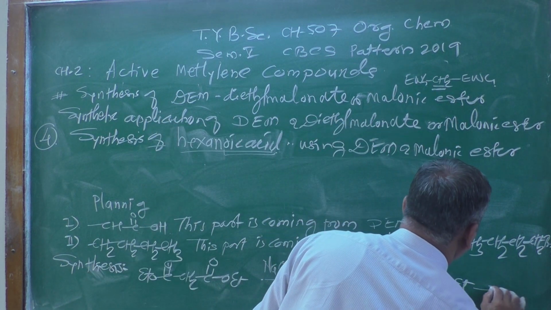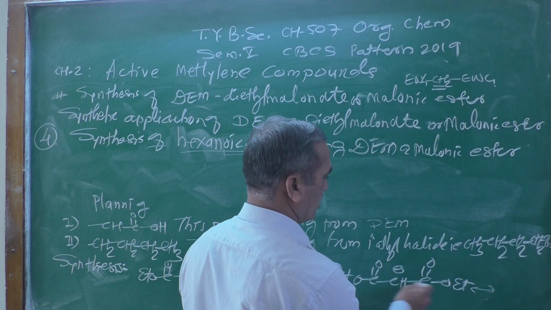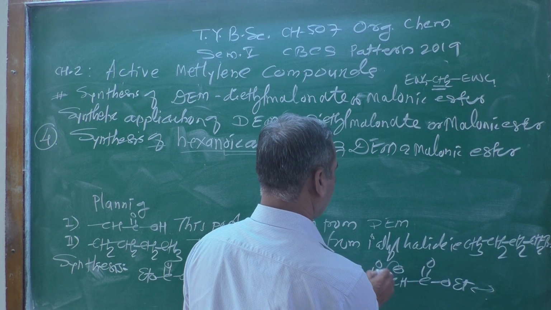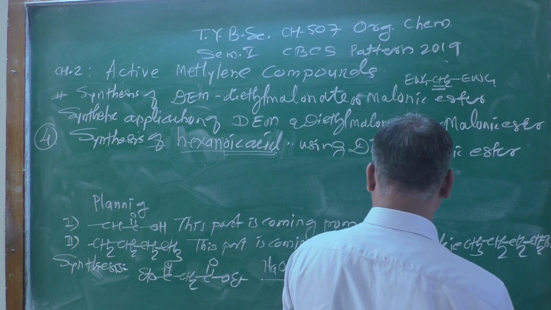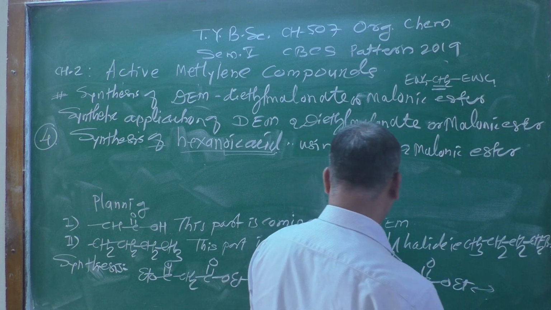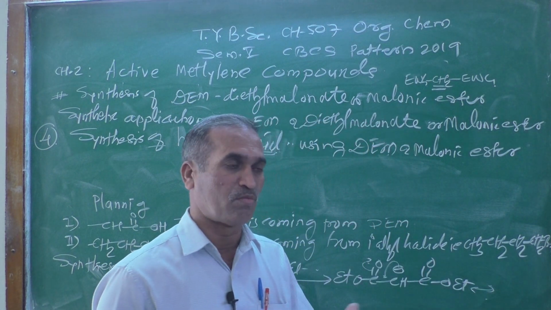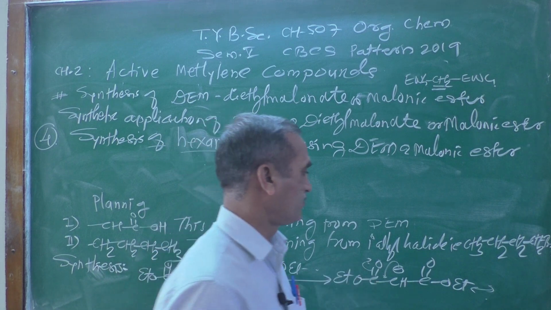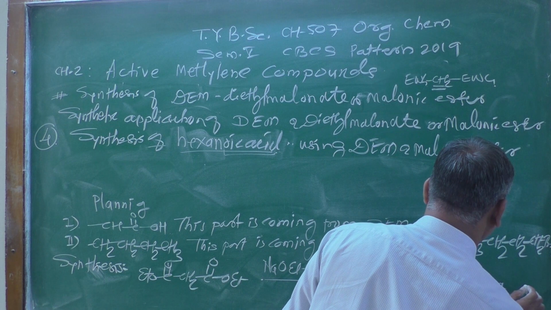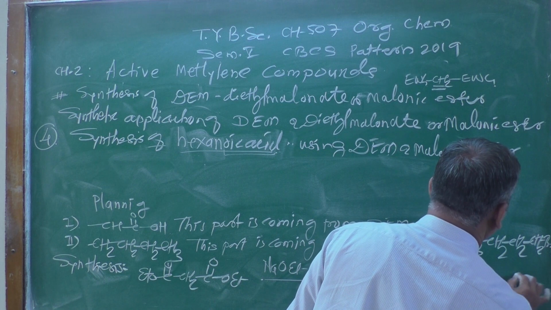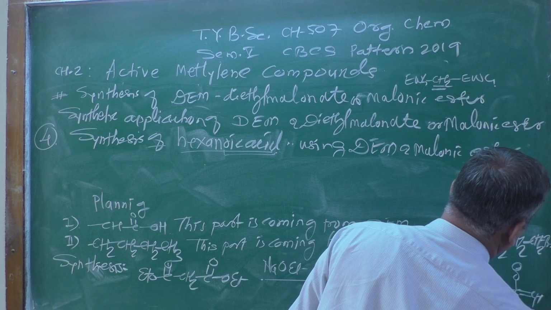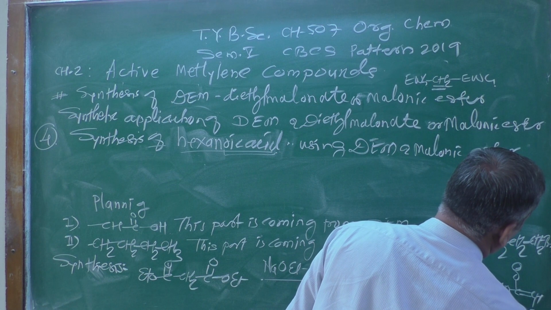This double headed arrow is a resonating structure, and the negative charge can go on the oxygen atom, because the oxygen atom is more electronegative than the carbon atom, and therefore you will get here EtO, C, O minus, double bond CH, then C double bond O, then OEt.